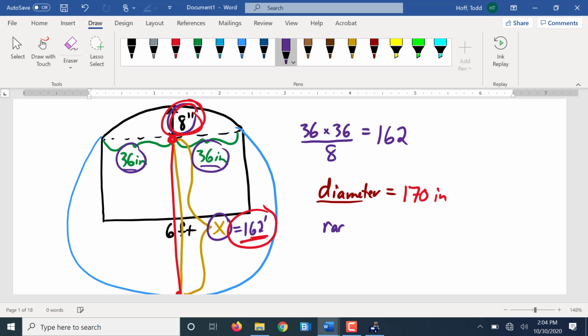So that means the radius must be, careful, you've got the right idea. 85, there you go. So 85 inches for the radius.